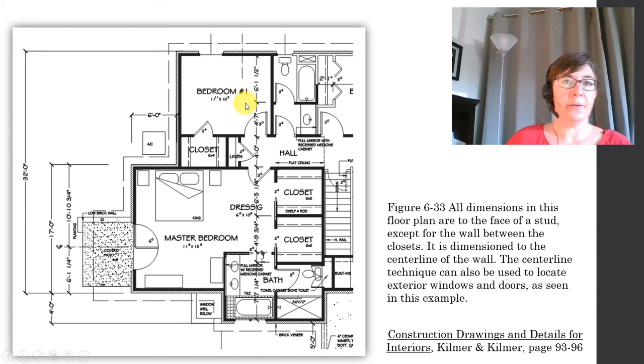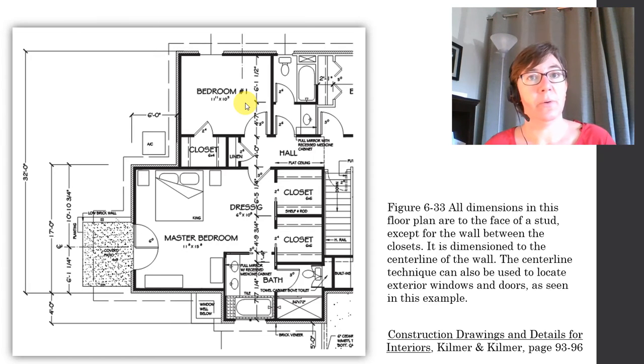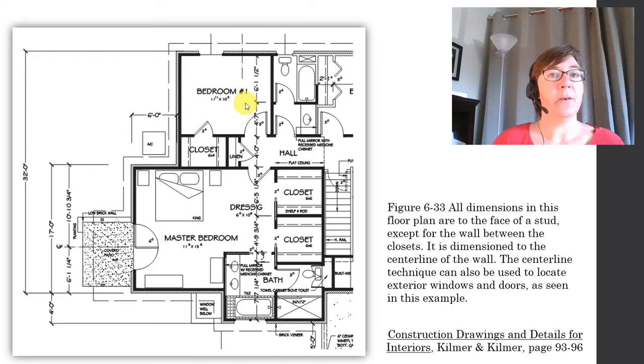But it turns out that most of the time architects run their dimensions to the face of the framing material or the stud inside the wall, not to the actual finish face of the wall, which is the sheetrock or the gypboard. And that's because of the construction sequence.